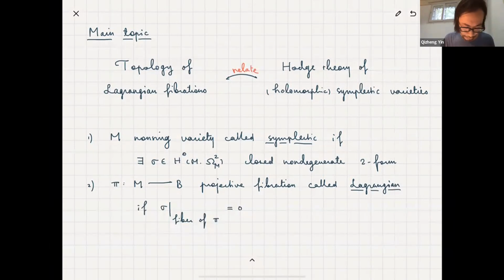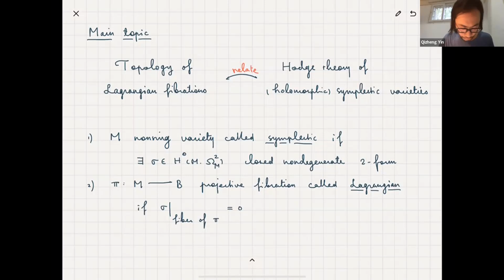First of all, the definitions. Everything will be over the complex numbers, and my variety M will be a non-singular variety. It's called symplectic if there's a closed non-degenerate symplectic form.